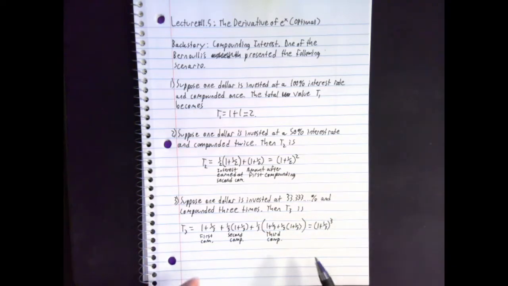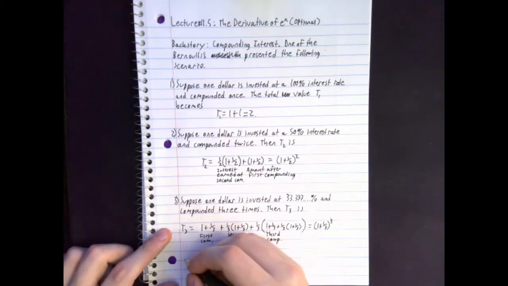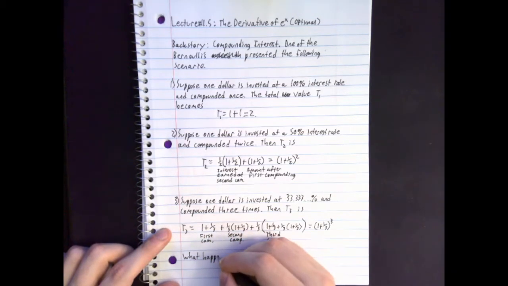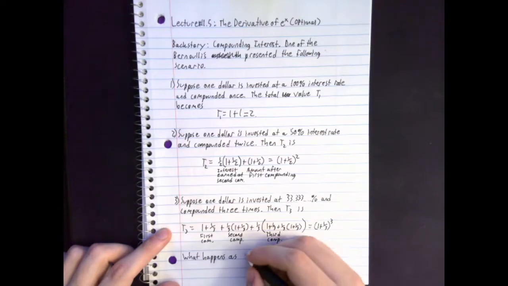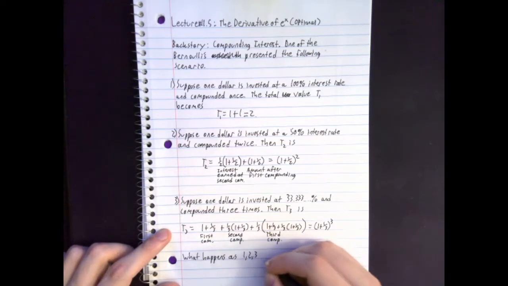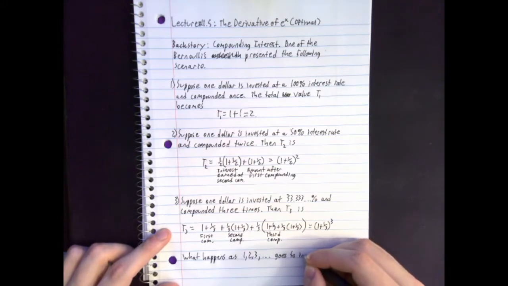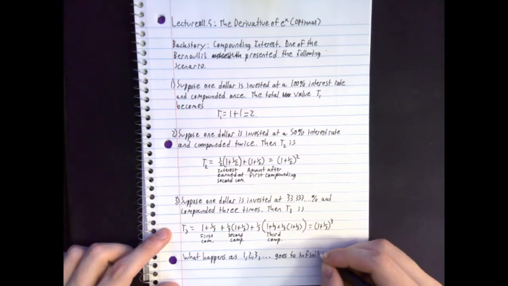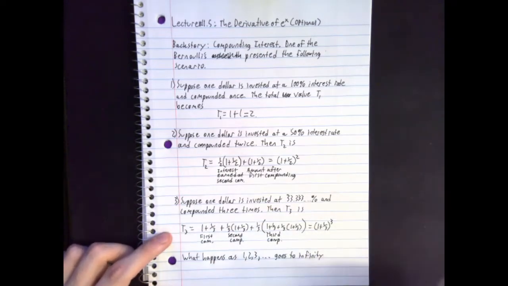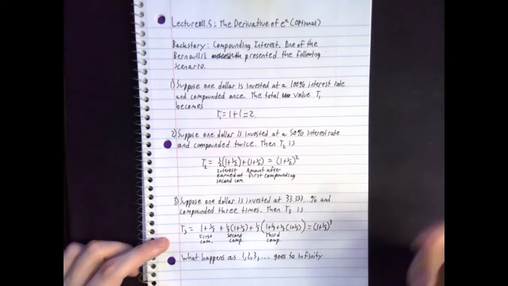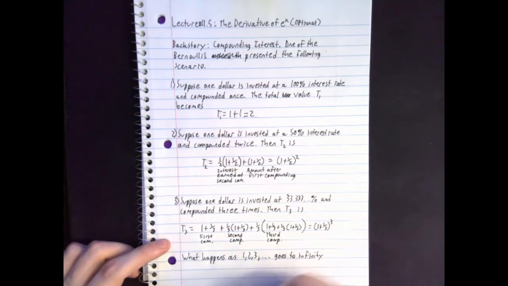And you can ask, what happens if I just let this denominator right here, this 3, tend off towards infinity? So what happens as 1, 2, 3, ... goes to infinity? That is, the number of times I compound is n, and the percentage interest rate every time is 1 over the number of times I compound.